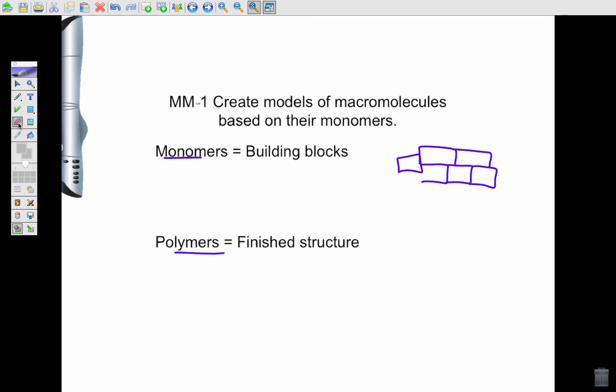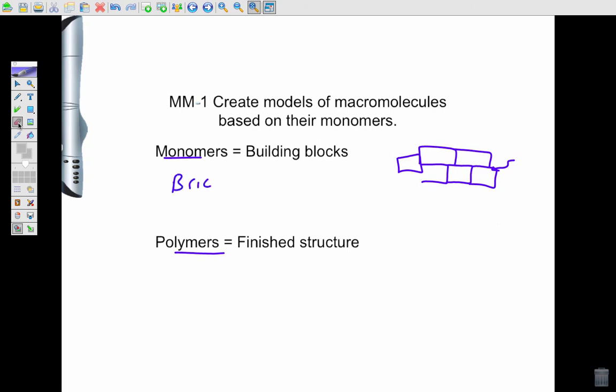So for example, in a brick wall, the bricks are the monomers, and the wall itself is the polymer. And the stuff that holds them together in a brick wall is mortar, but for our macromolecules, what's holding the monomers together are the chemical bonds.